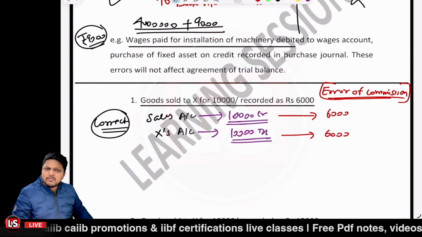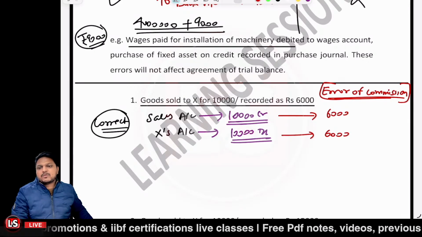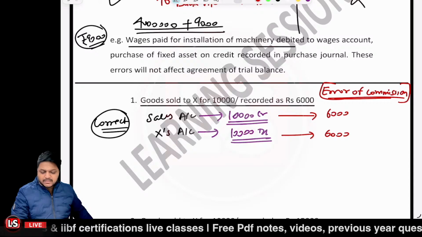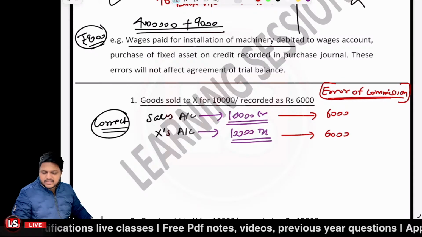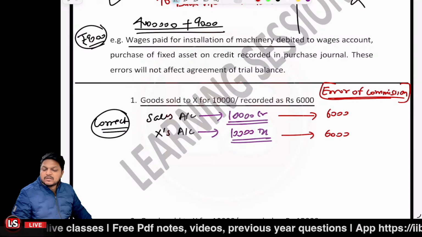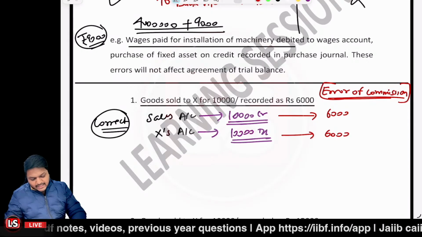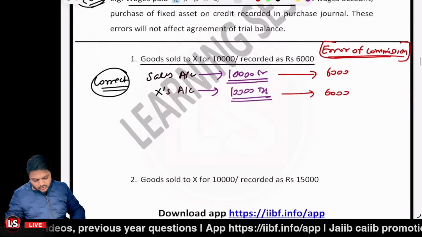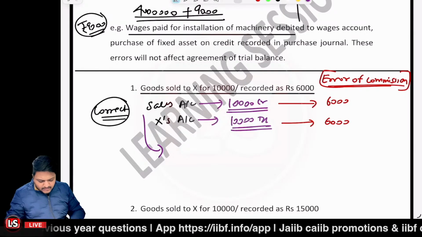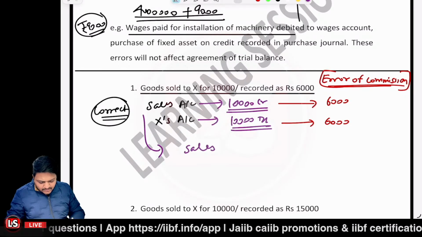The right account has been posted, but the wrong amount has been posted. Now, if it is undercasted, you can simply be posting the difference amount. That will be the rectification. So we will be posting another entry.